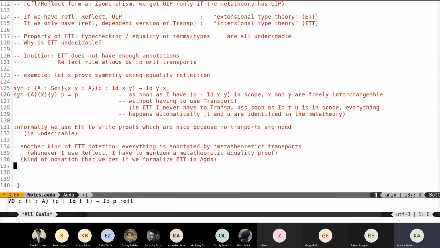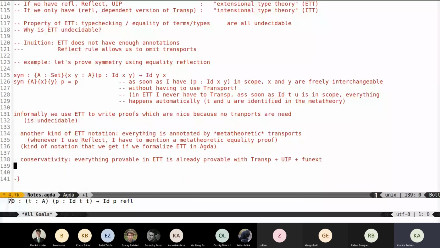And the conservativity statement says that everything provable in ETT is already provable with transport, UIP and funext.